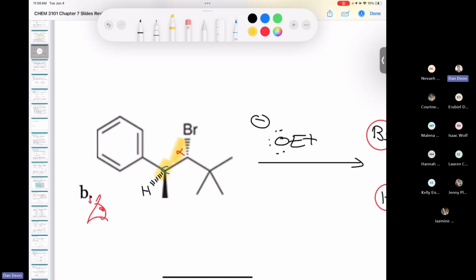This is also a beta carbon, and there is one hydrogen. So if there's one beta proton, the reaction will be stereospecific. And because there was one beta carbon that has one hydrogen. Hydrogen and a proton mean the same thing. Got it. Okay, hydrogen is the same thing as saying a proton.